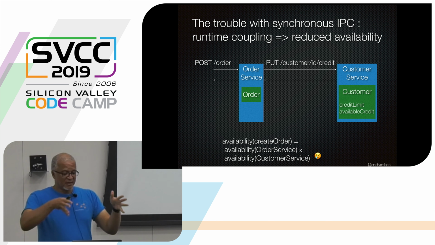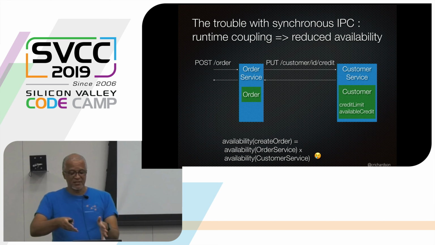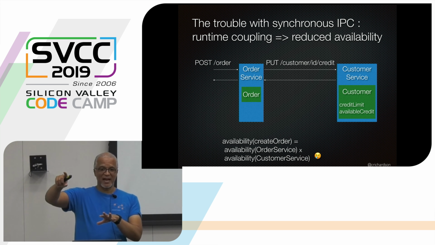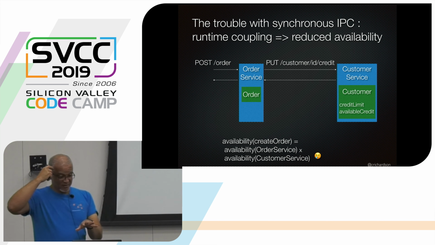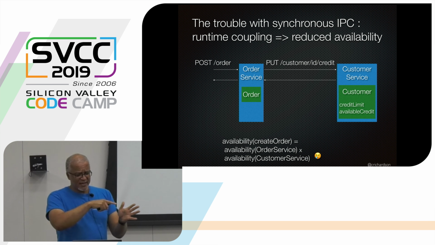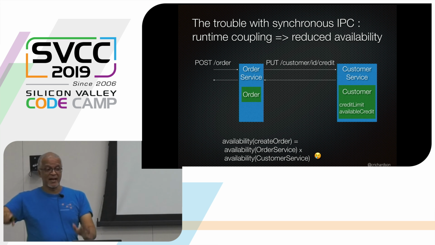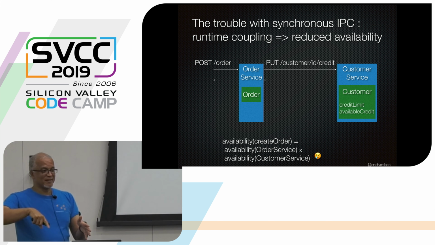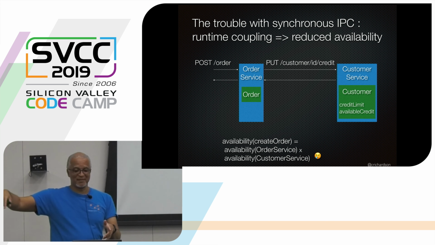In general, the availability of an operation is the availability of one service to the power n. One client I visited recently had a key operation involving 9 services.